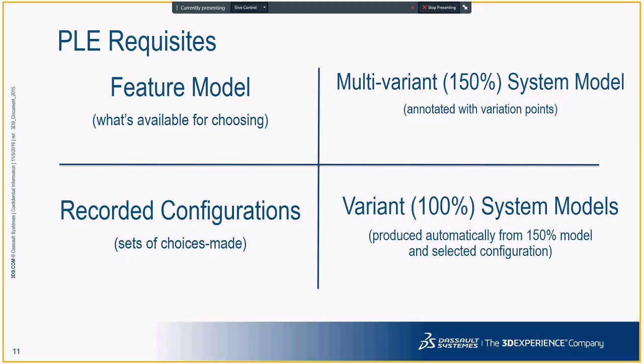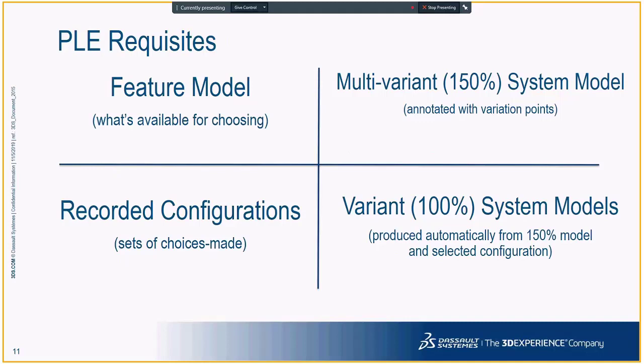It's different terminology sometimes used, and then we need to have a recorded configurations, sets of choices made. And once we have these three things, we must have a procedure to build a variant system model or a 100% system model out of the multivariant system model and the particular configuration.